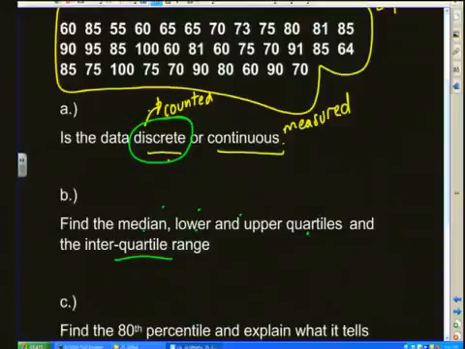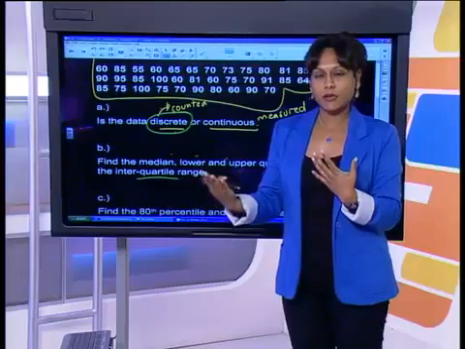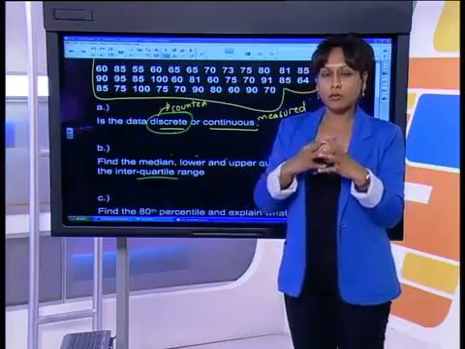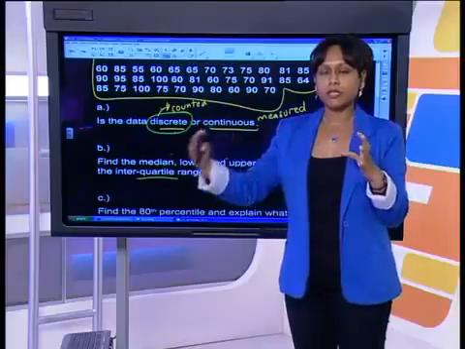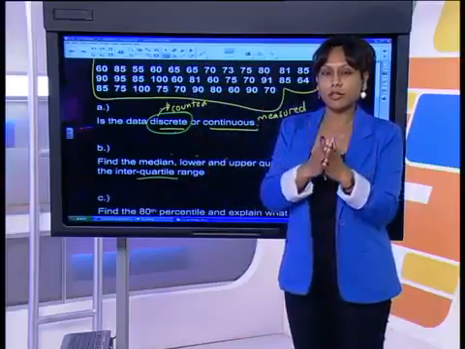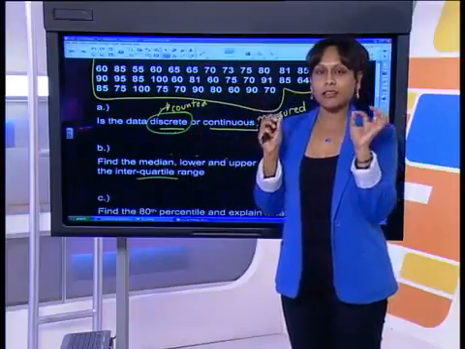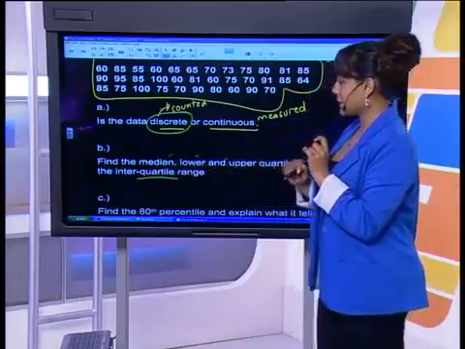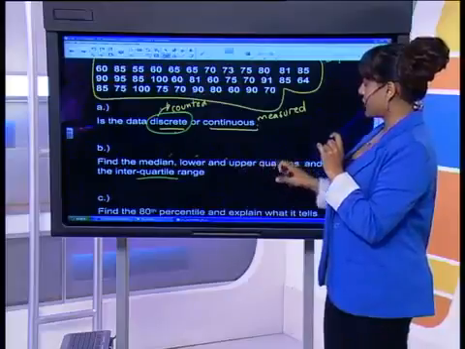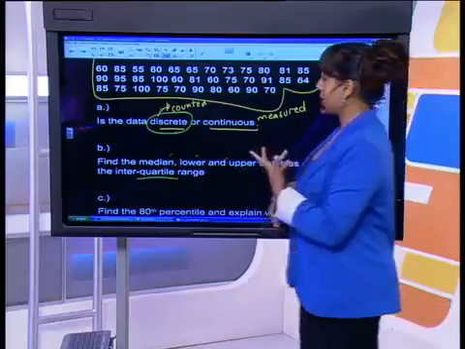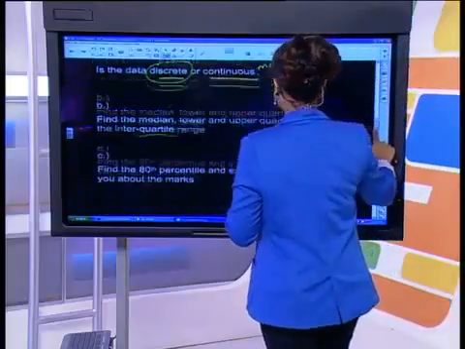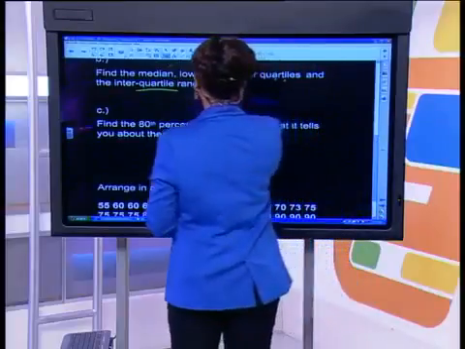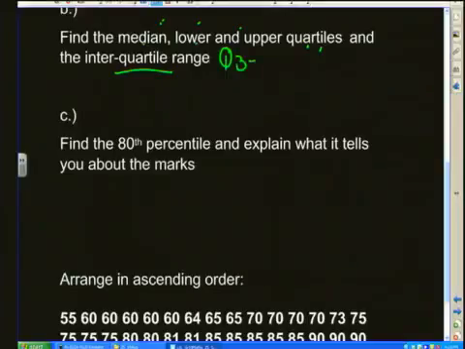You order them from smallest to biggest value, and then once we've got our ordered data set, we're going to look at our values and determine our median, which remember is the centermost number, and then we're going to find our lower and upper quartiles and the interquartile range, which is the difference between the upper quartile and the lower quartile.